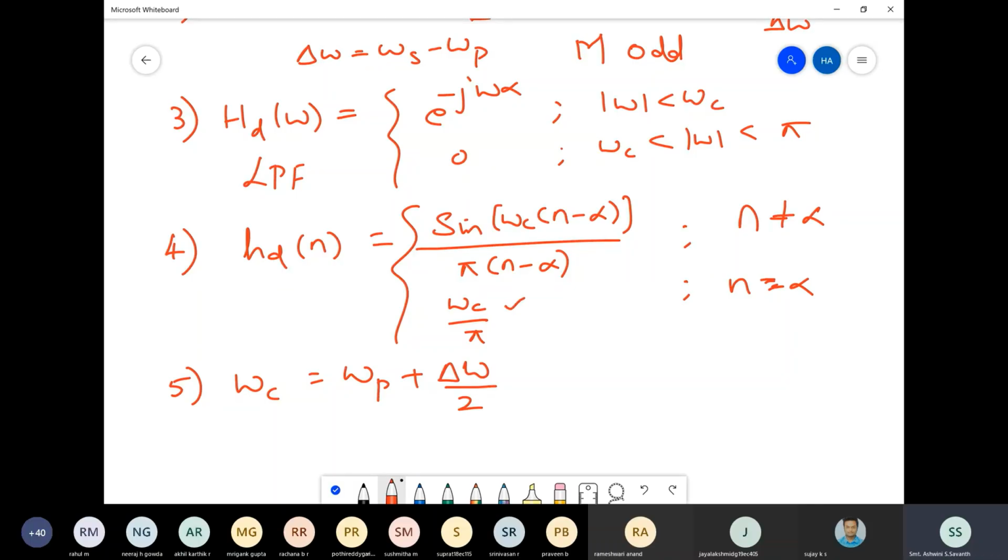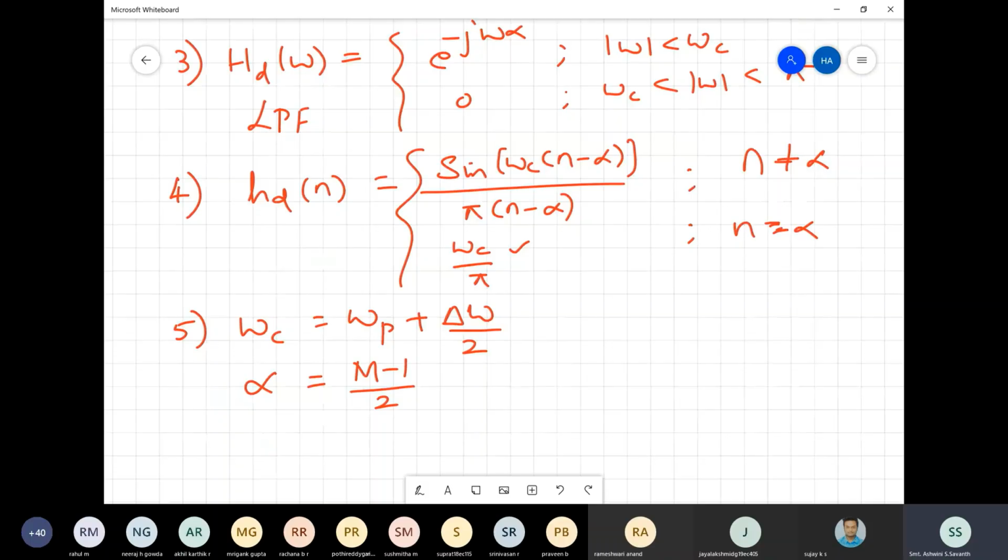And alpha you need. What is alpha? As we had discussed before, alpha is (M minus 1) by 2 to maintain symmetry. So in this equation of HD of n, now you know omega c and the value of alpha.